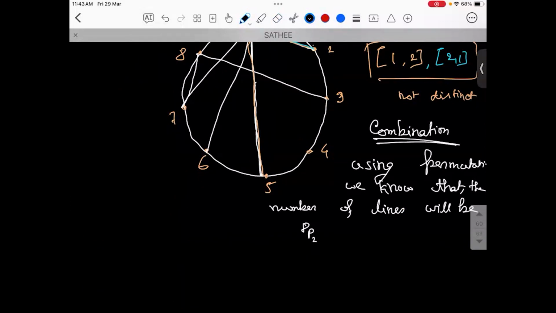Why 8P2? Because I have 8 points and we are choosing 2 elements from there.